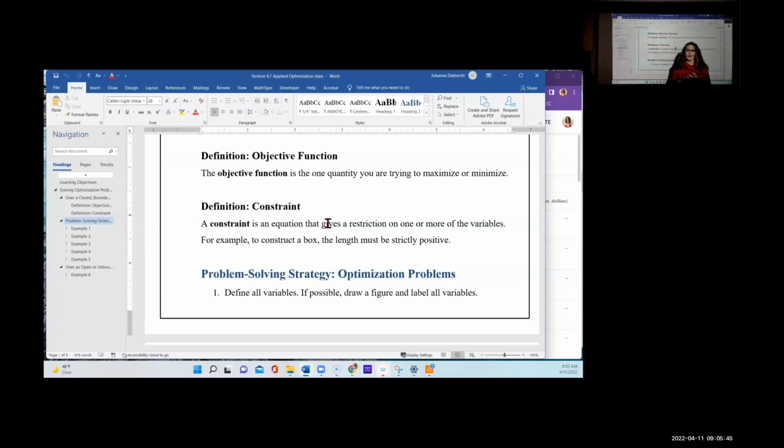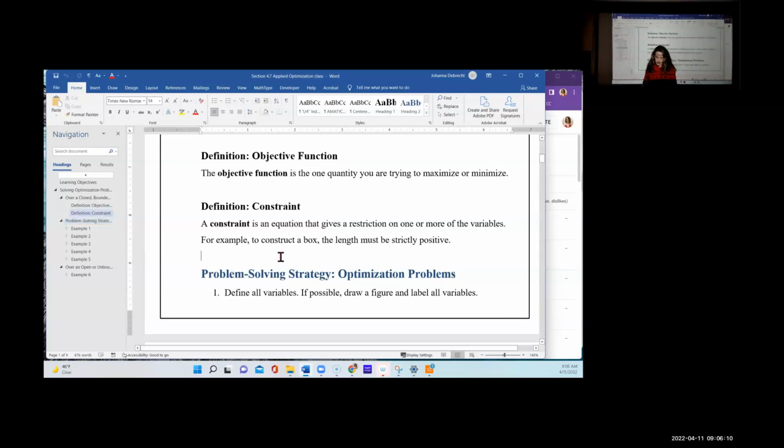If you're talking about a right circular cylinder, something of this basic shape where it's got a circular bottom and it's a cylindrical shape, then we're talking about the radius and the height having to be strictly positive and non-negative. Now, there could be other constraints as well that are given in the problem.